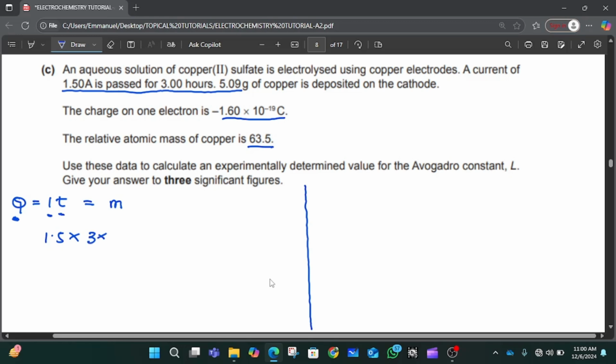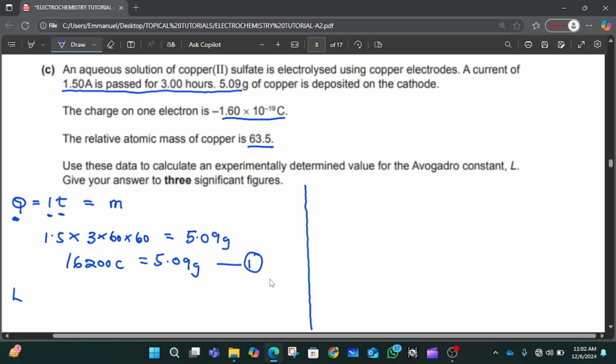So 3 times 60 times 60 converts the 3 hours to seconds, and this is equal to the mass of copper deposited, which is 5.09 grams. We get 16,200 coulombs is equal to 5.09 grams. This is equation 1.